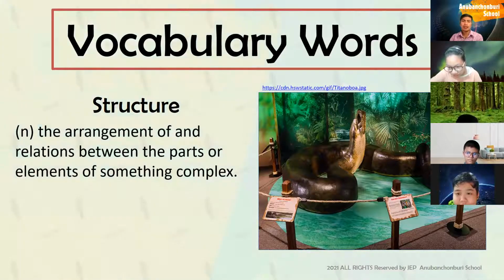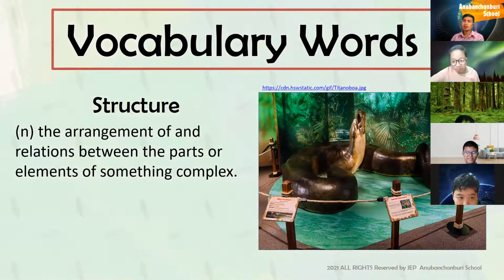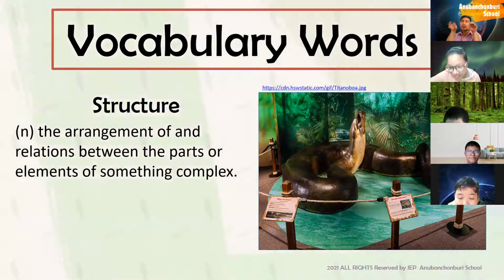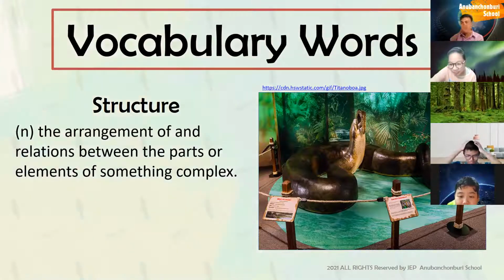So structure is the arrangement of and relations between the parts or elements of something complex. For example, Jirayu can find the head of a dinosaur, and Purama can find the tail of a dinosaur, and Nataya can find the little hands of the dinosaur. So you combine them together, and then you can form a structure of a very big dinosaur. So that's it. That's all our vocabulary words for today.